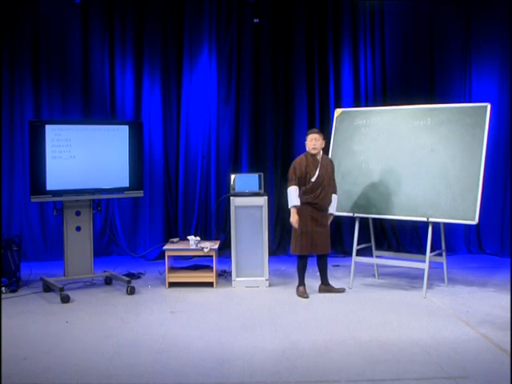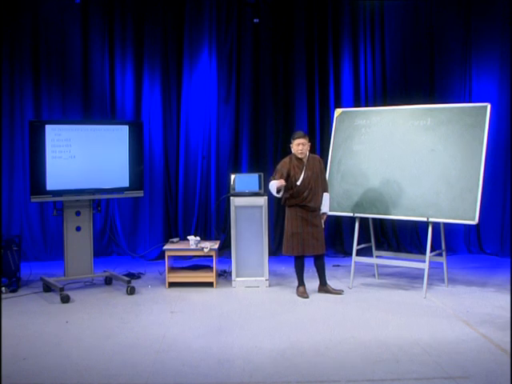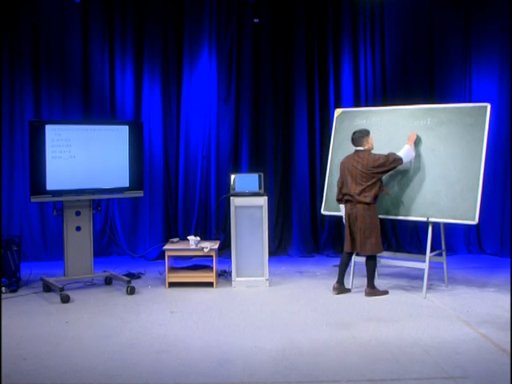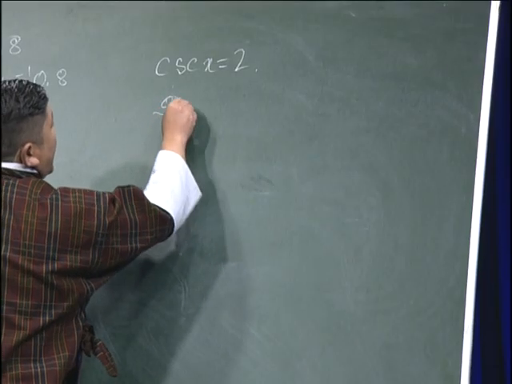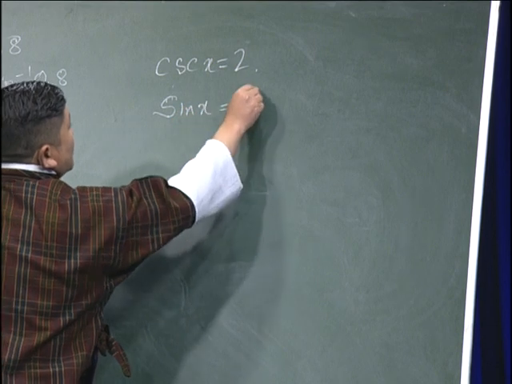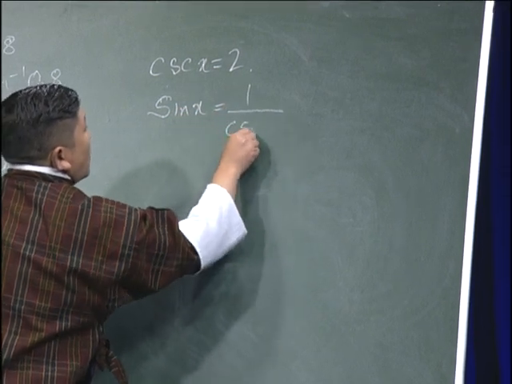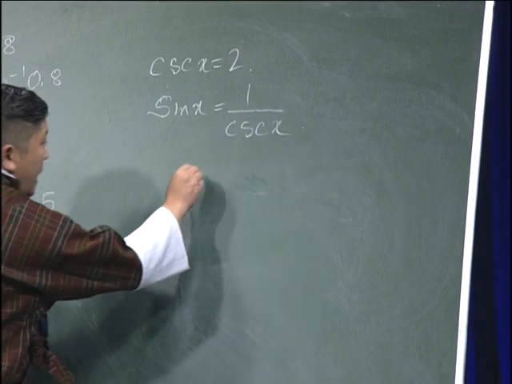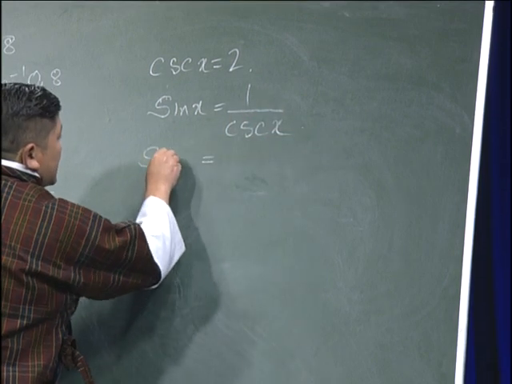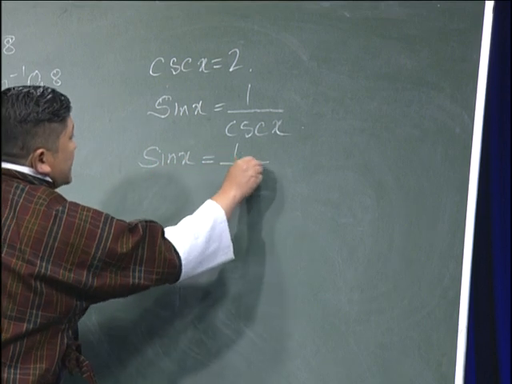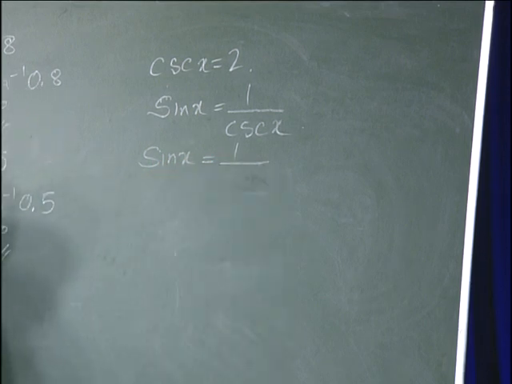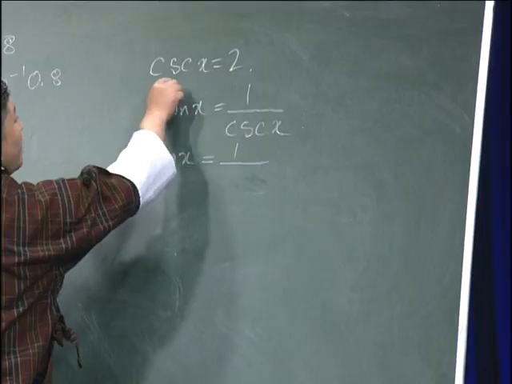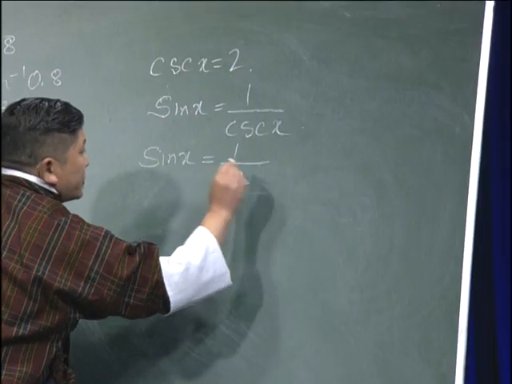Cosecant of angle x is the reciprocal of sine, right? So sine x is equal to 1 over cosecant of angle x. Now you will do it in a similar manner, but in this case in the cosecant of x you will put the value of cosecant x, which is 2.